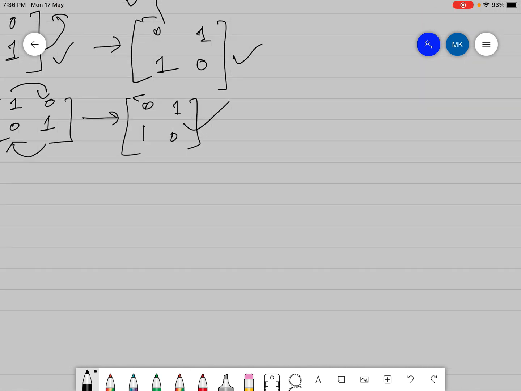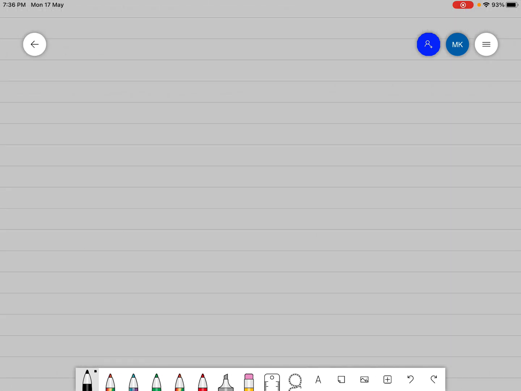Okay, so this is the concept of permutation matrices. Now let's talk a little about the inverse matrices. If you remember from the previous lecture, what was our E21?